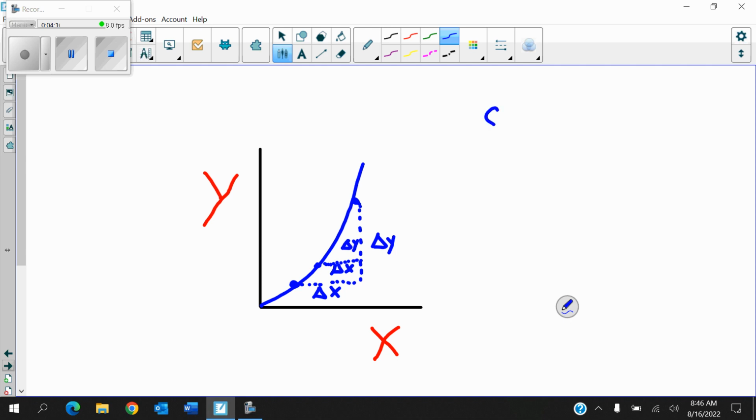So curve, not a constant slope. Okay, does everyone believe that? Everyone believe it's not a constant slope if you have a curved line.